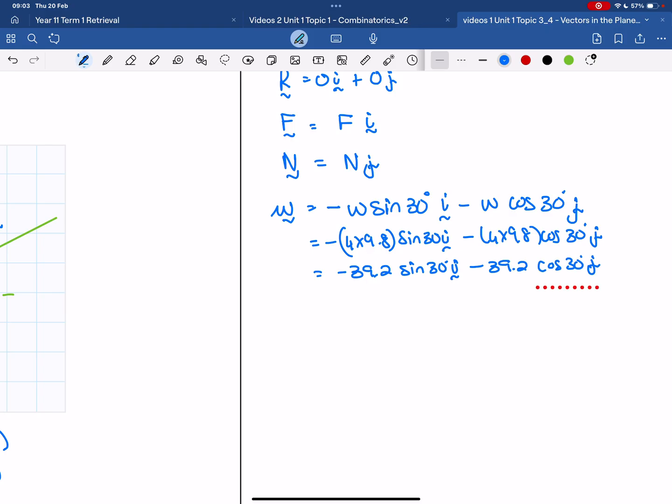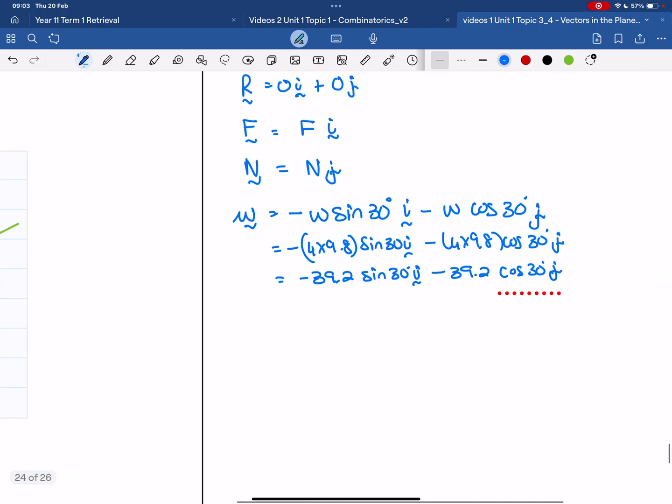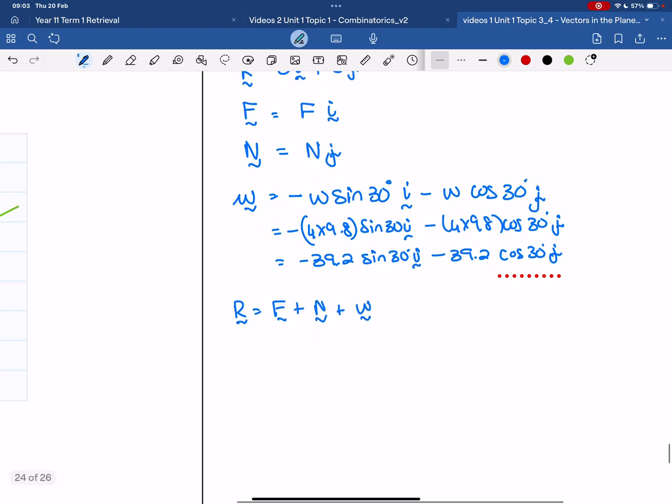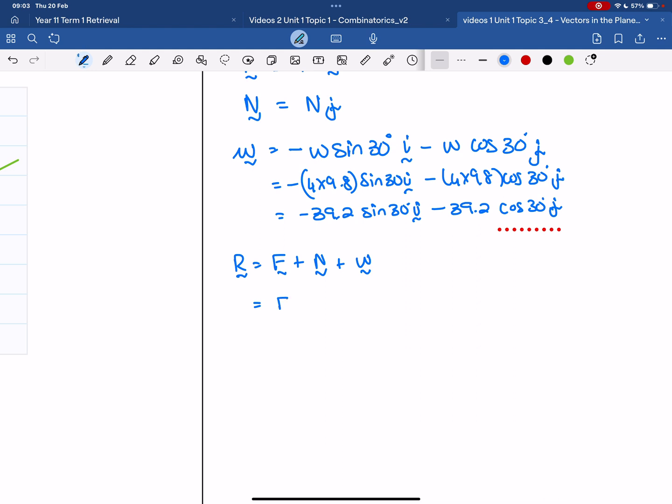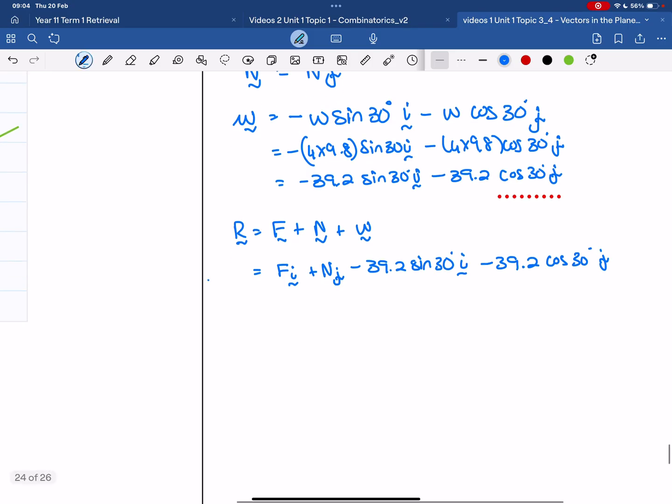All right, now we can put them all together. We've got all of our forces. We know that R is F plus N plus W, and that's just going to be Fi plus Nj minus 39.2 sine of 30 minus 39.2 cos of 30. And our R was 0i plus 0j.